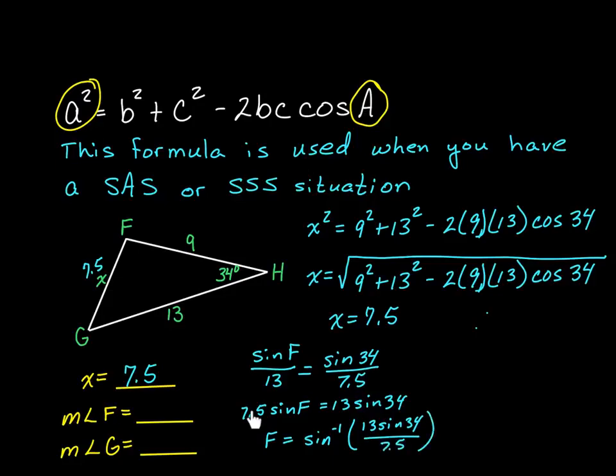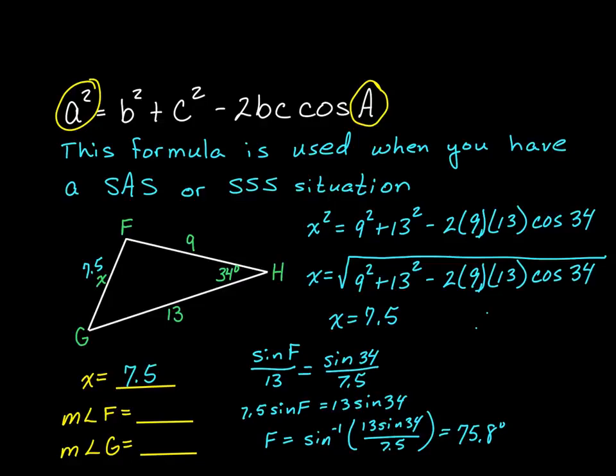So you had to divide 7.5 to the other side first, and then move the sine over, making it sine inverse. All right, so this comes out to then 75.8 degrees for angle F.